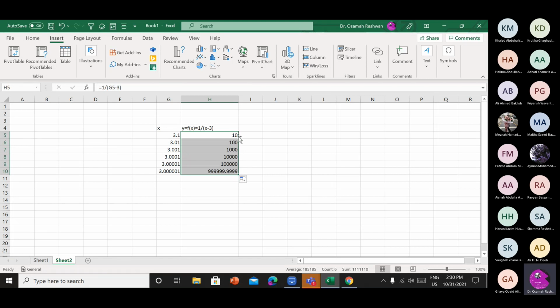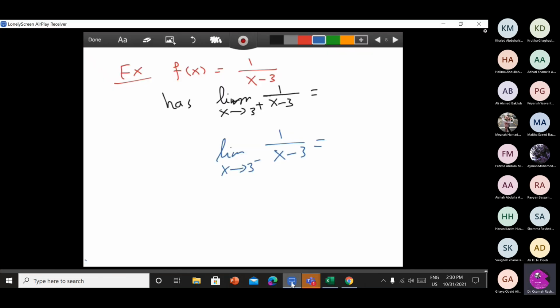Increasing or decreasing? It's increasing and going to a very big number, right? So this one goes to infinity. So when I'm coming from the right, the values are going to positive big numbers. So this will be positive infinity, right?